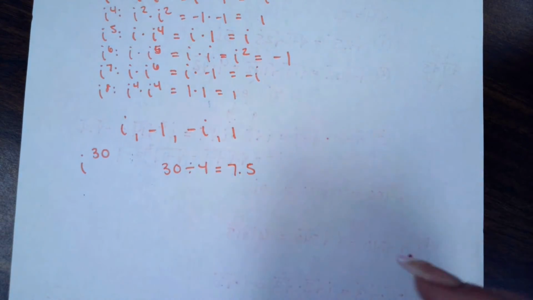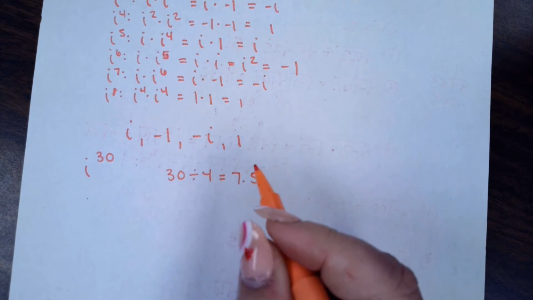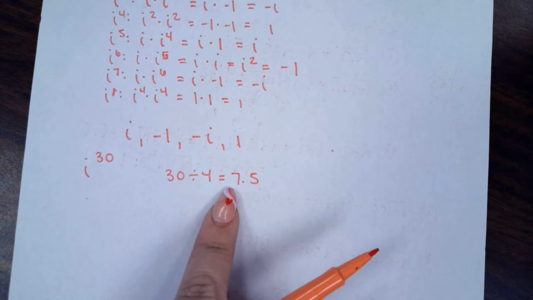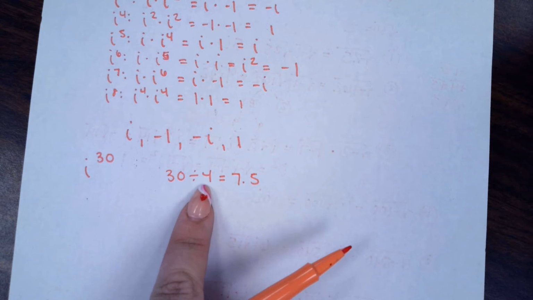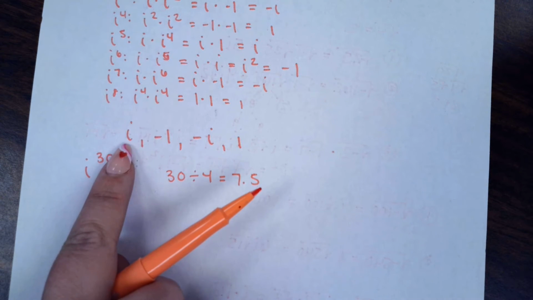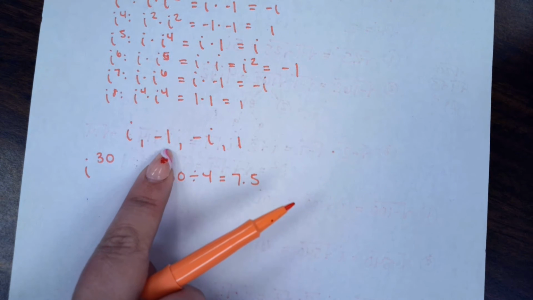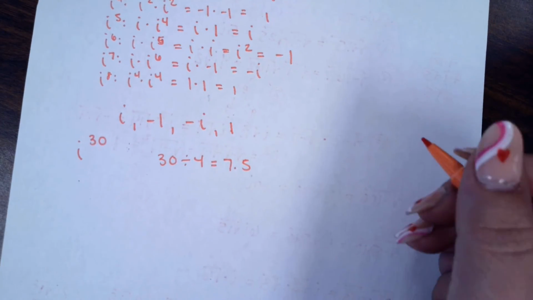There's a few ways that we can think about this. This means we go through the pattern 7 times and then half of 4. So that's 7 full times through and then 2 more. So 1, 2. So our answer would be -1.